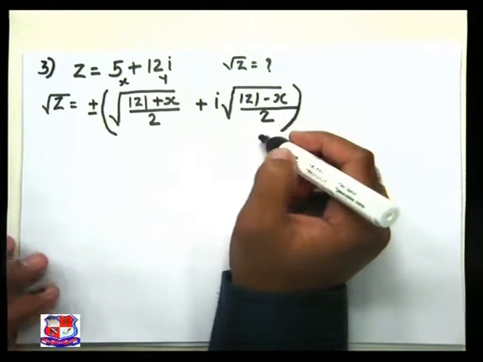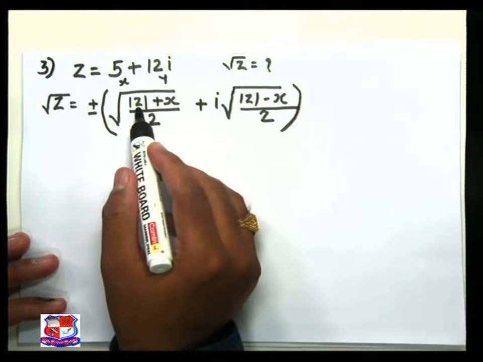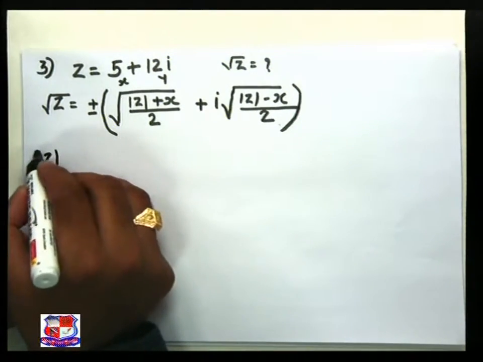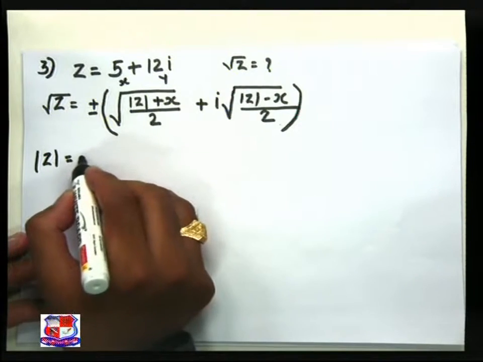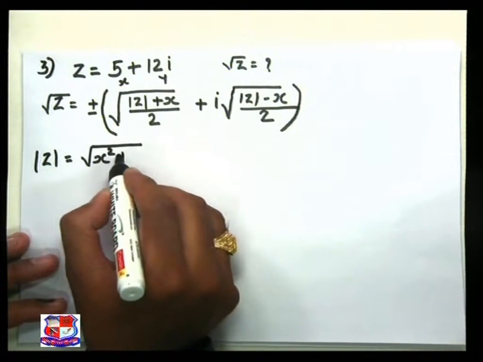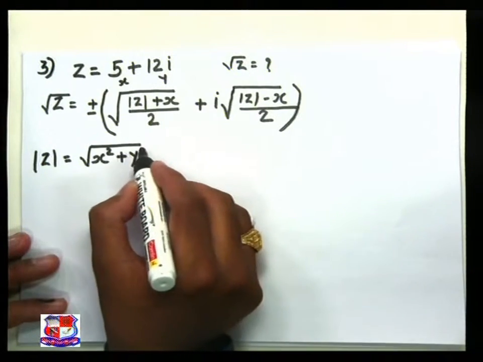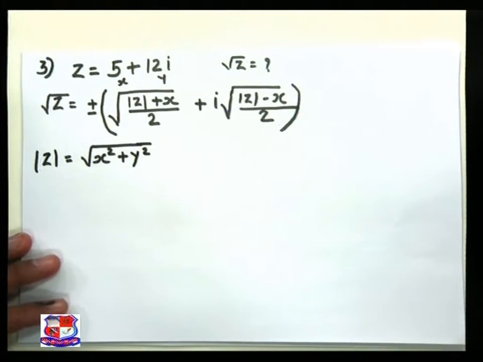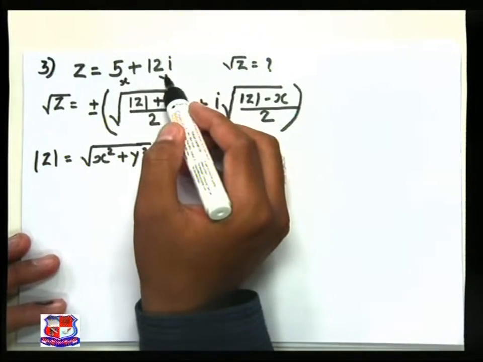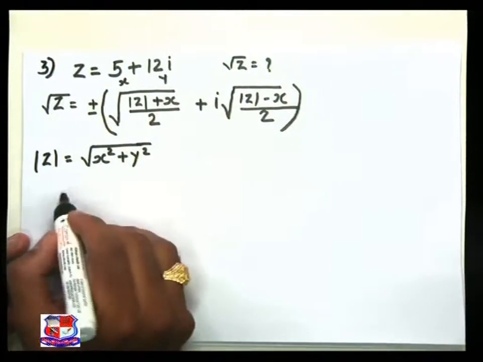So first of all we want to find out mod of z. So mod of z is equal to under root of x square plus y square. Our x value, that is 5, our y value, that is 12.